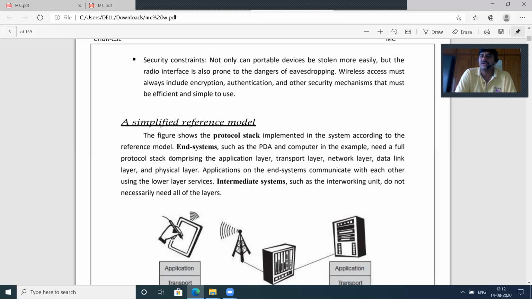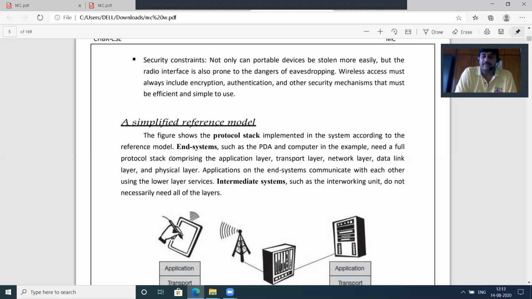It can be prone to dangerous eavesdropping. Wireless access must always include encryption, authentication, and other security mechanisms that must be efficient and simple.